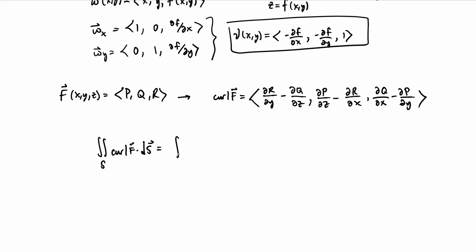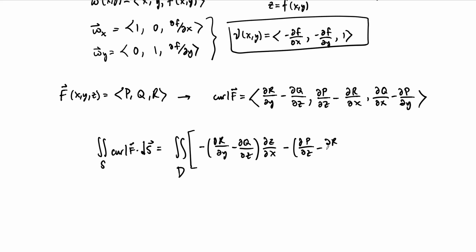This is a flux. It's computed as the double integral over the domain D of, using brackets because we need to take the dot product here, minus dR dy minus dQ dz, all times dz dx, minus dP dz minus dR dx times dz dy, if you just swap out the z with the f like we talked about.